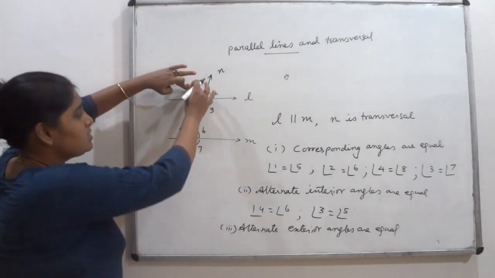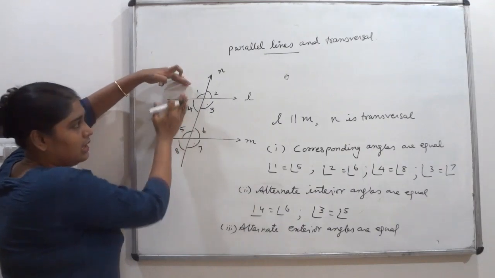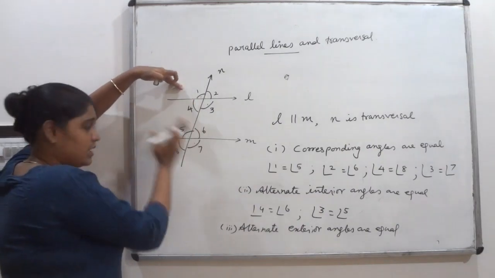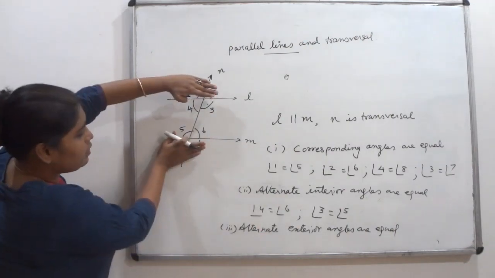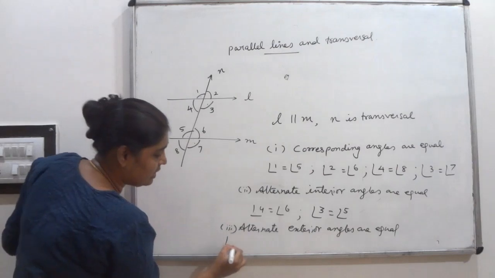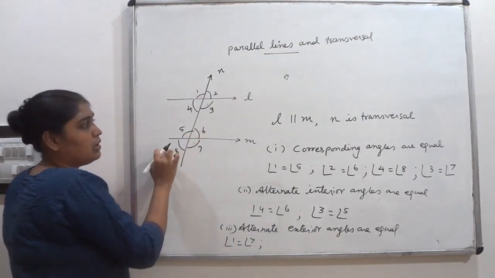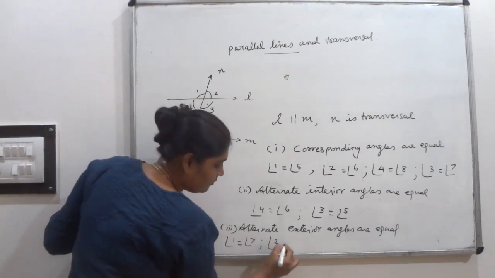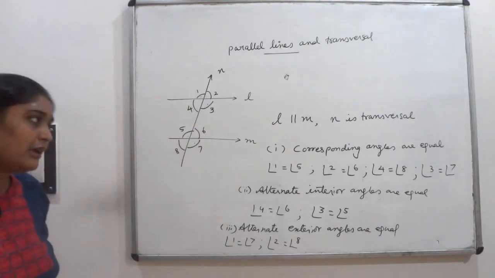Angle 1 is equal to angle 7. See, alternate: one angle is on the left hand side, another angle is on the right hand side. These are alternate exterior angles. Angle 1 is equal to angle 7. The same way, angle 2 is equal to angle 8. These are alternate exterior angles.